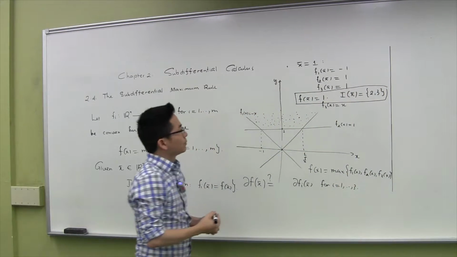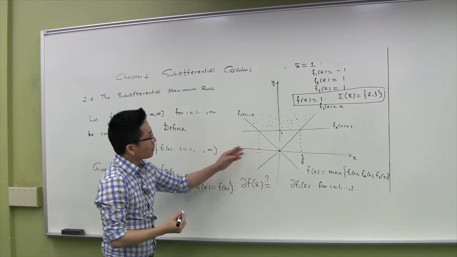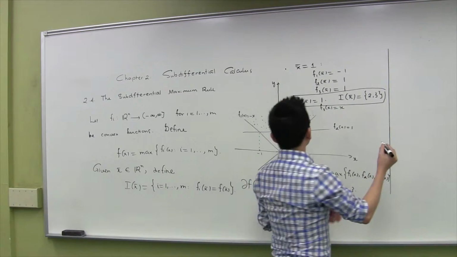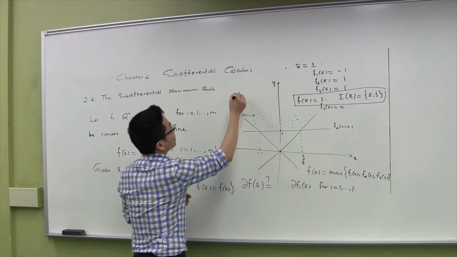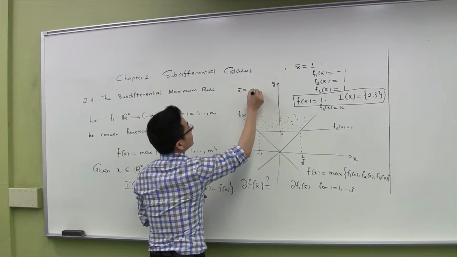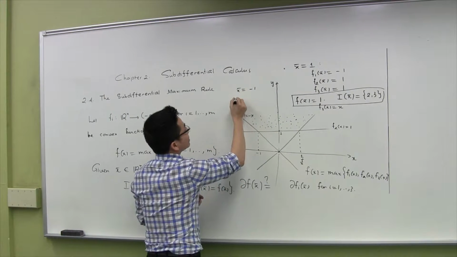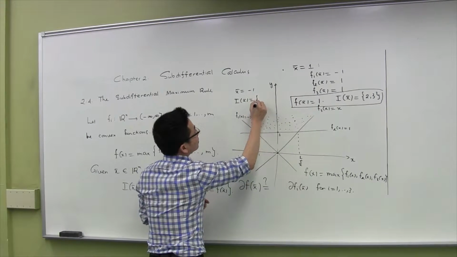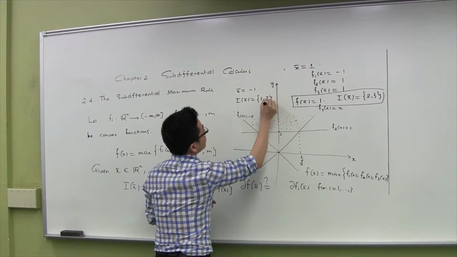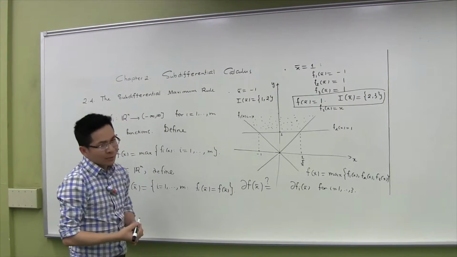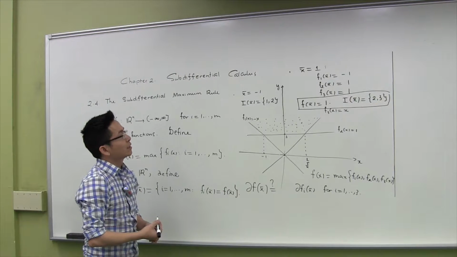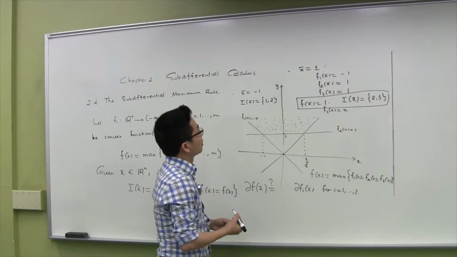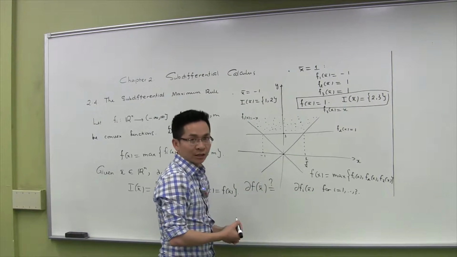Similarly, in the case where x bar is equal to minus 1, I of x bar is equal to {1, 2}. So similarly, we can obtain the formula for computing this active index set I for any x bar in the domain of the function.